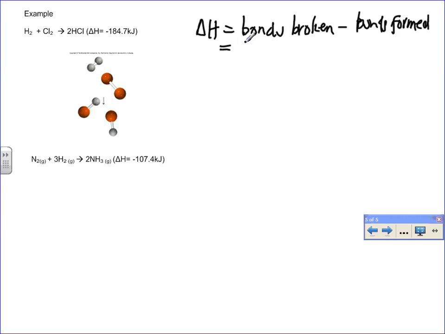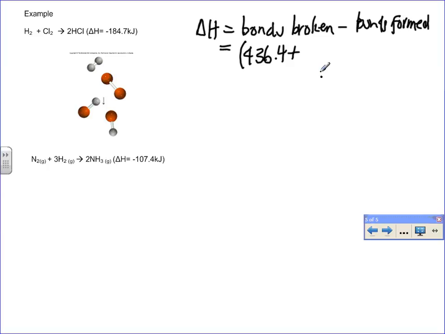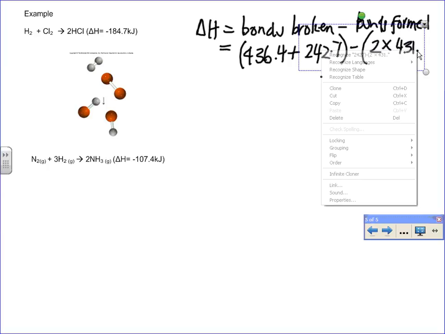So it's a matter of looking up the values in the table and being really careful when you transfer the numbers, and being really careful when you add things as well. So the H2 bond is 436.4. The chlorine-chlorine bond is 242.7. Then I've got 2 times the HCl bond, which is 431.9.